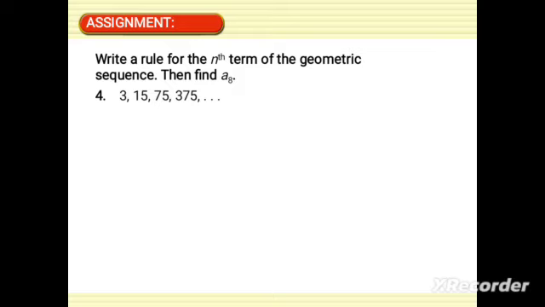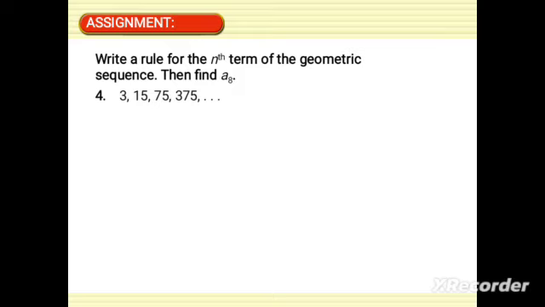Let's do one more question. Write a rule for the nth term of the geometric sequence, then find the eighth term. If you look at this pattern, we have 3, 15, 75 and 375. We are looking for the eighth term after writing down the nth term.